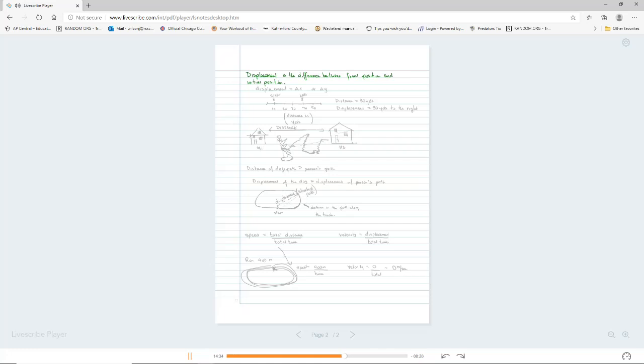So displacement can be thought of like this. It's your change in X, or change in Y if you're moving vertically.